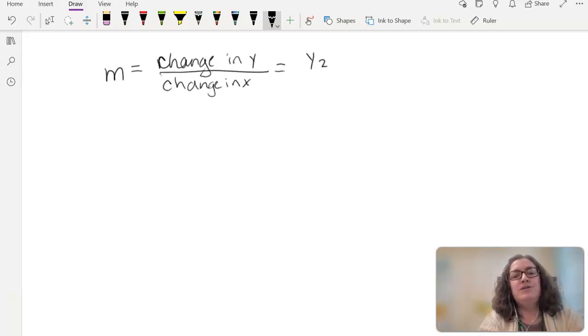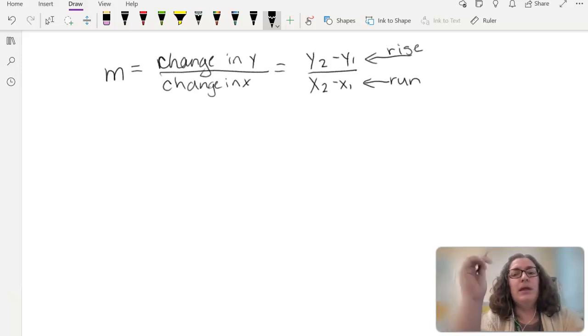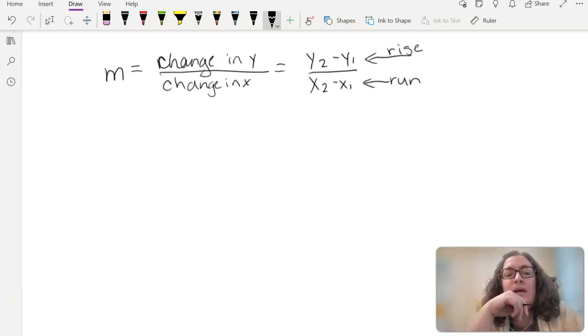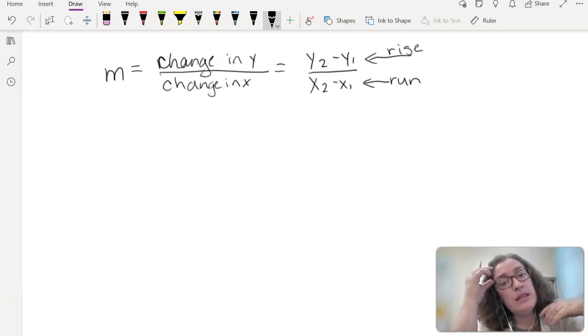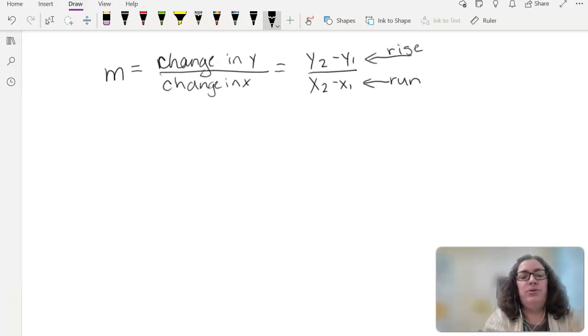It says y2 minus y1 divided by x2 minus x1. In other words, again, that's the rise divided by the run. And so we can find the slope without a graph by using that formula.